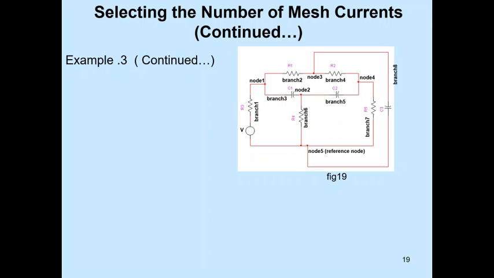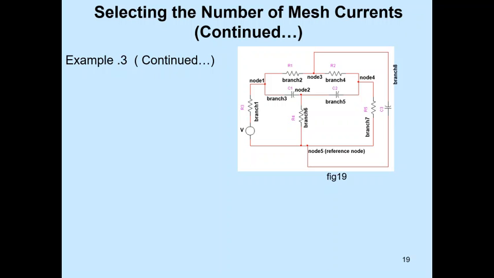And node 1 is between R3, R1 and C1, node 2 is R4, C1, C2, node 3 is R1, R2, C3, node 4 is R2, C2, C3 and node 5 is where V, R4, C3, R5 are joined.